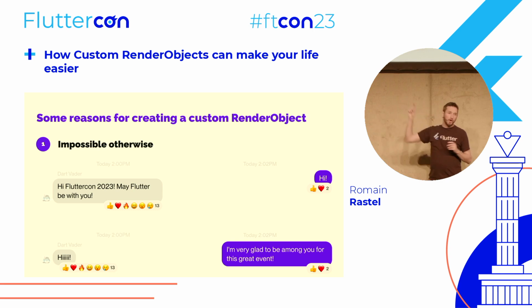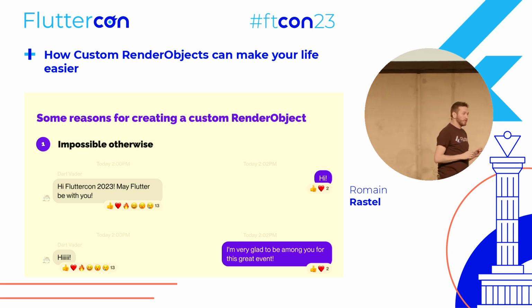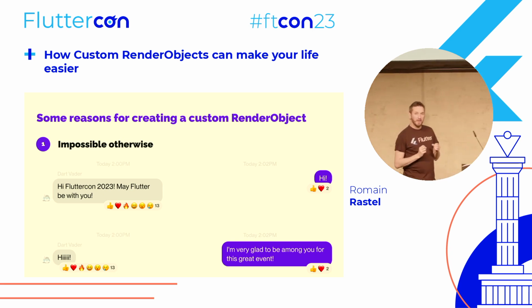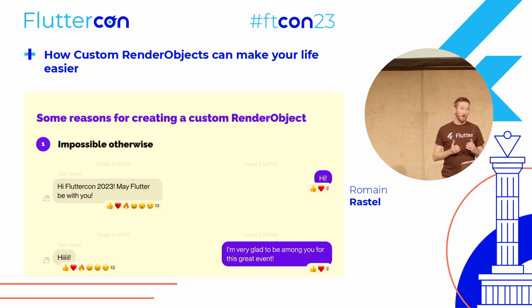In that case, when the message of another chat participant is smaller than the reaction bar, we want to put a small space at the left of the reaction bar. This is pretty specific, and I don't think we can do that without creating our own render object.